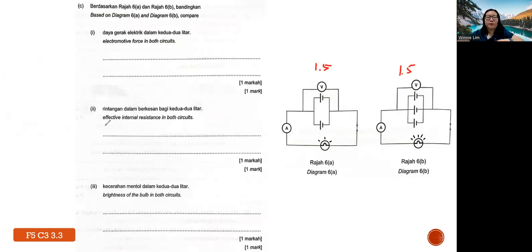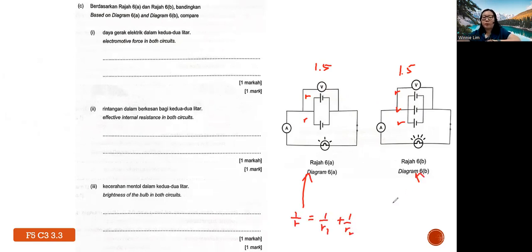Then part 2, effective internal resistance. Okay, so they use a small r as the symbol. Okay, because they are arranged in parallel. So if I want to find the effective resistance for this one, then I will have 1 over R equals 1 over R1 plus 1 over R2.